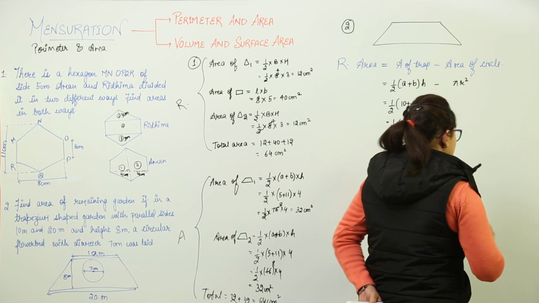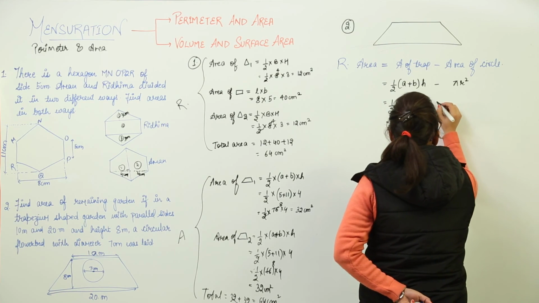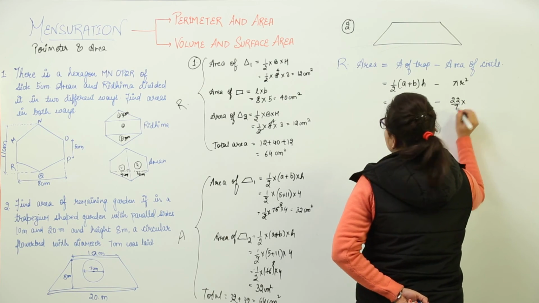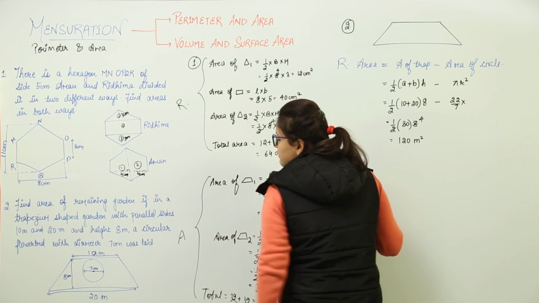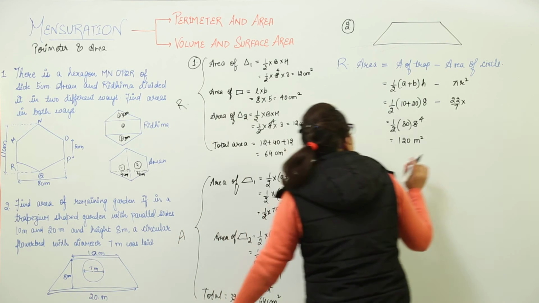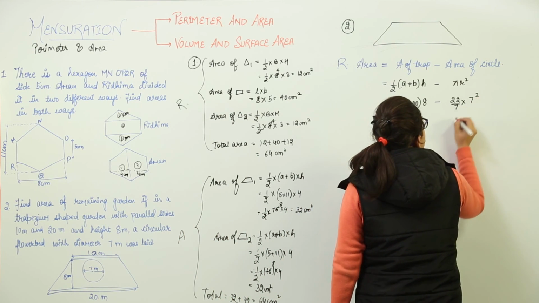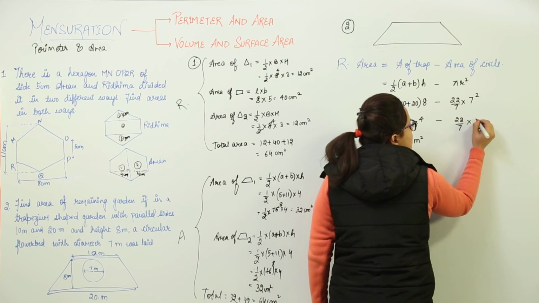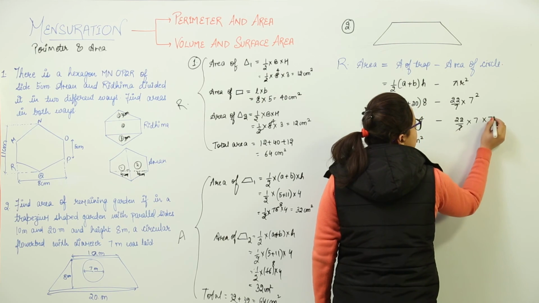Now how do we calculate the area of circle? You keep the minus, 22 by 7 into, what was the radius? It was 7 given to us, right? It was in meters only. So what we'll do is 7 square. Now what do we get? Minus 22 by 7 into 7 into 7. We cancel this.